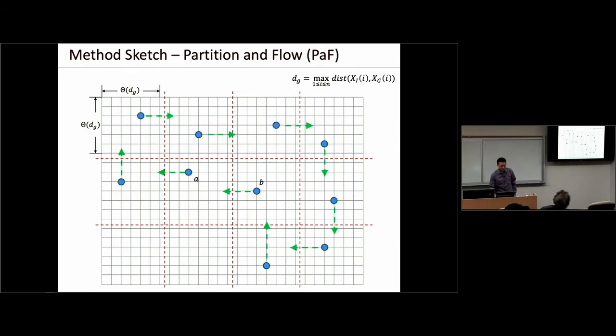So that allows us to construct a flow of these robots. After we execute this flow, every robot must be in a cell where its goal is also. And then at that point, we can again apply the SEG algorithm previously to solve this problem. So in the end, we end up with a makespan of O(dG), which is what we want.